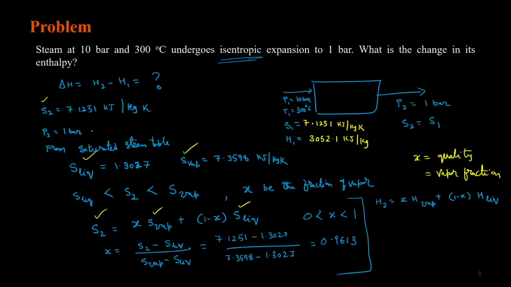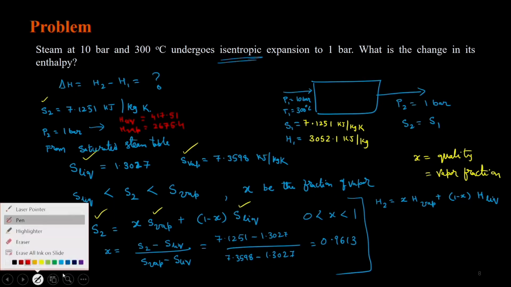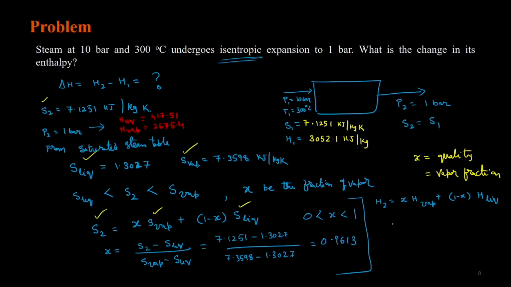At 1 bar, I'm going to go back to saturated steam, write down the values of H for liquid and H for vapor. The numbers I have are 417.51 and 2675.4. Once I put these two numbers back in here for calculating H2, what I get is 2588 kilojoules per kg.